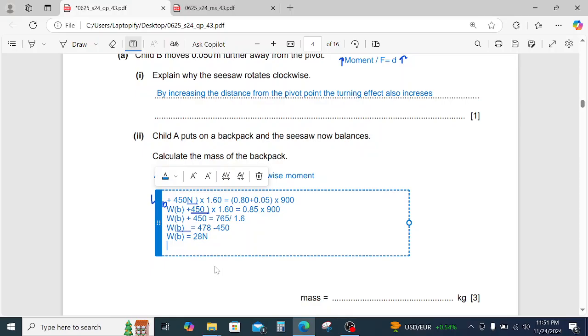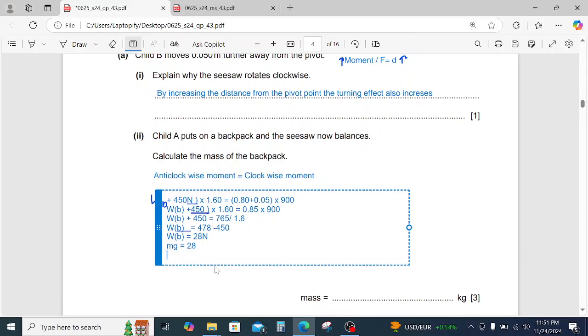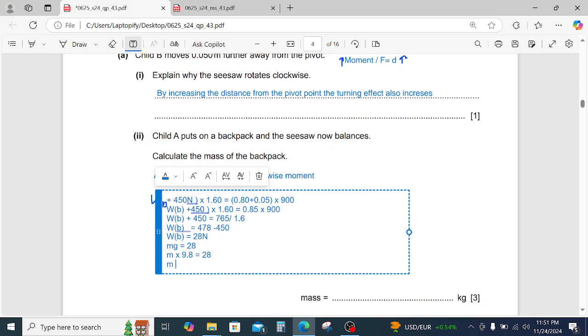So the formula of weight is mg is equal to 28. Mass will remain here. The value of g is 9.8. We have to use 9.8 here, and 28. Now m is equal to 28 divided by 9.8 on the right hand side.